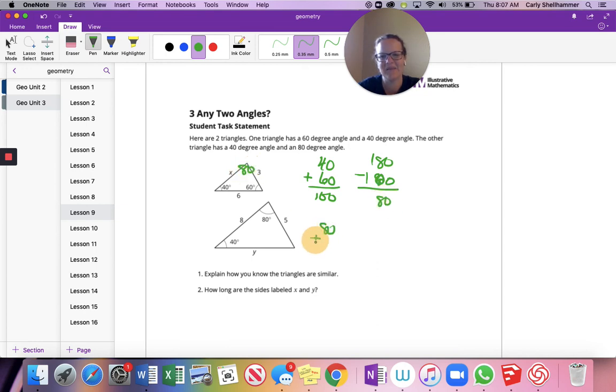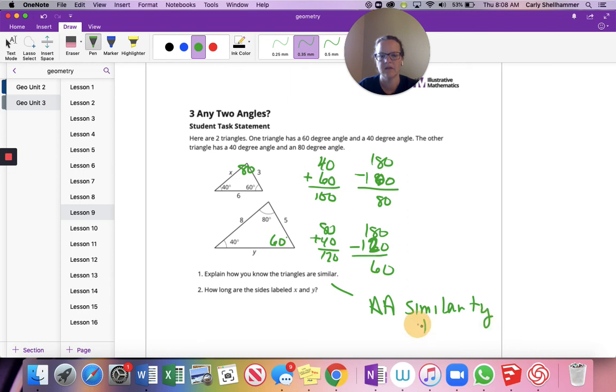Okay, 80 plus 40 is 120. 180 minus 120 is 60. I get ahead of myself sometimes. So I have two angles that are congruent. Okay. Angle, angle, similarity theorem.